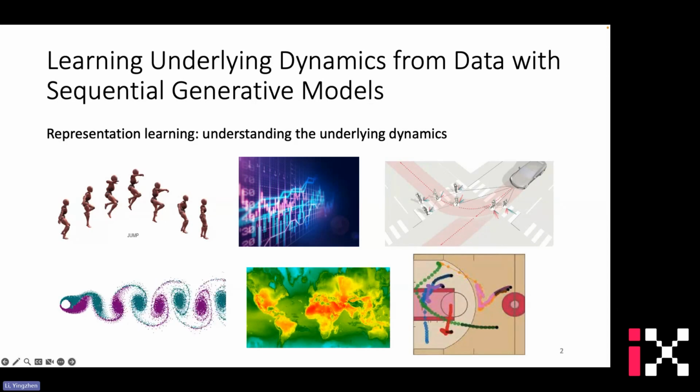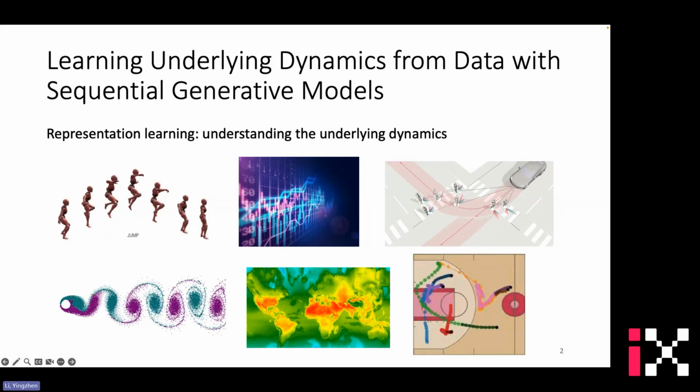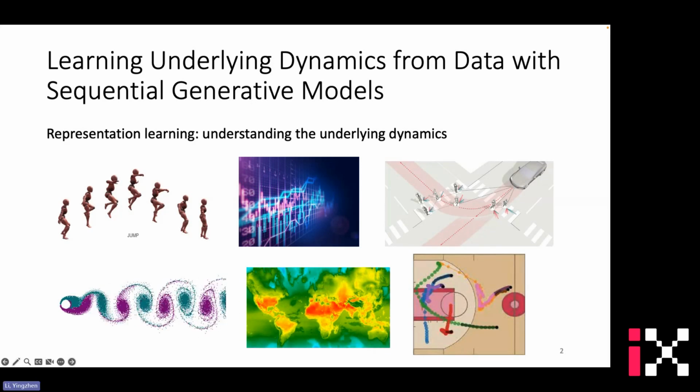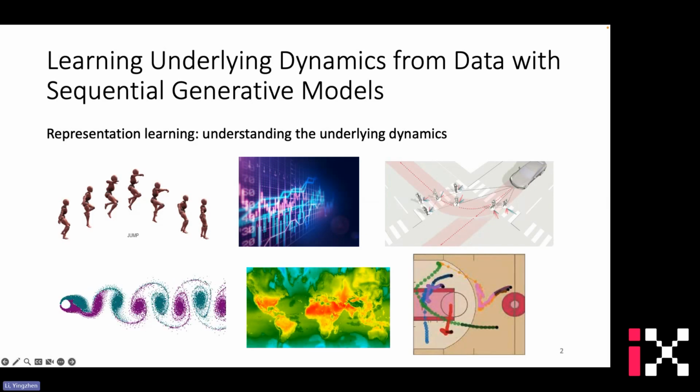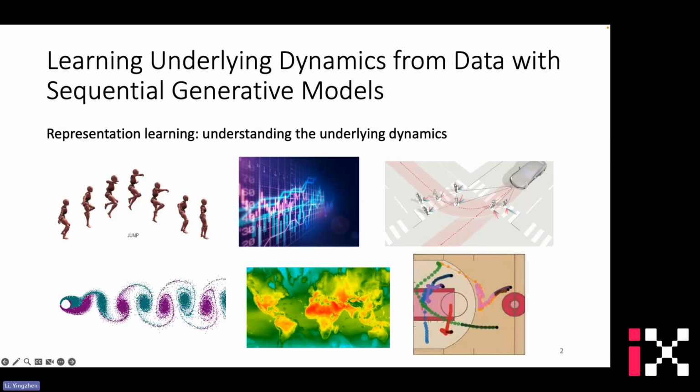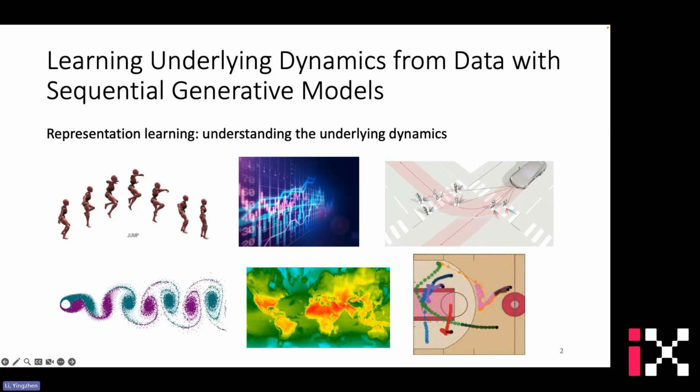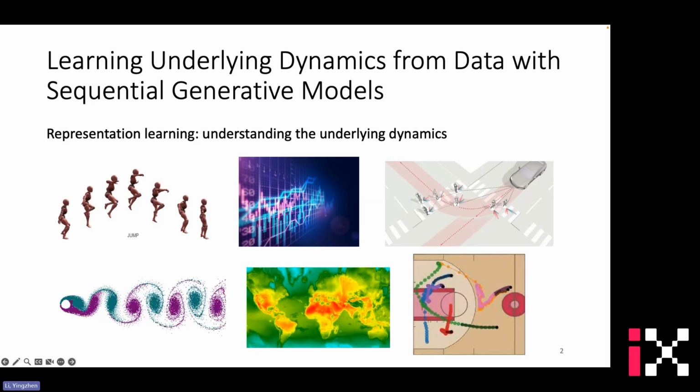That is a question mark, but at least if you think about things like physics simulation, there is an underlying dynamical system. And for other kinds of data like climate data or geographic data, people also use dynamical systems to model them. For this kind of data, we assume there is an underlying ground truth dynamical system, but we don't observe it.